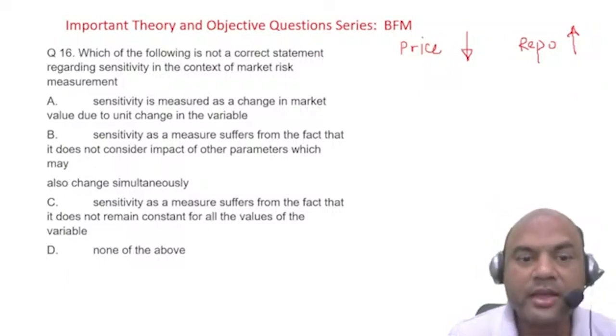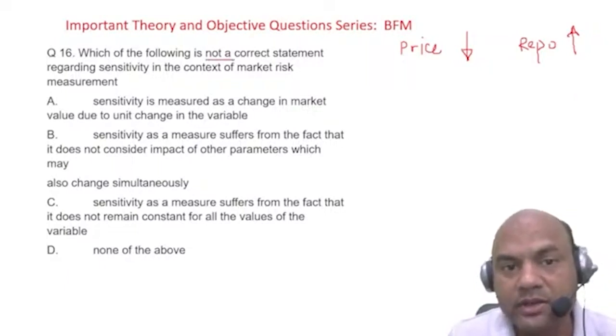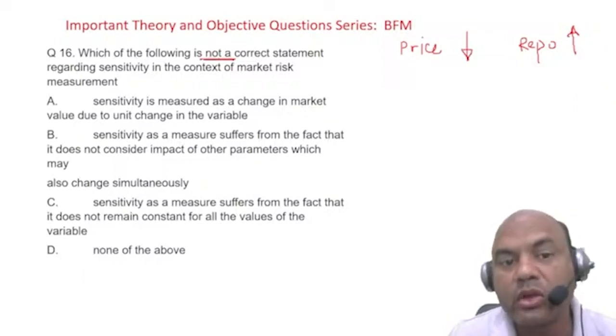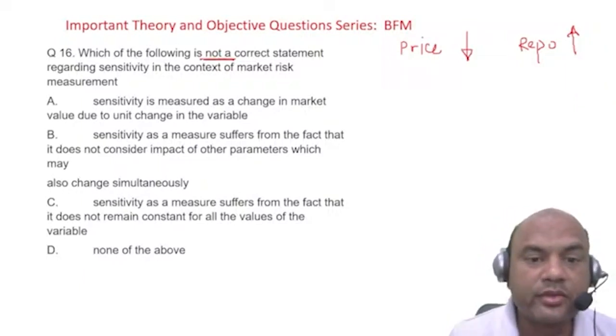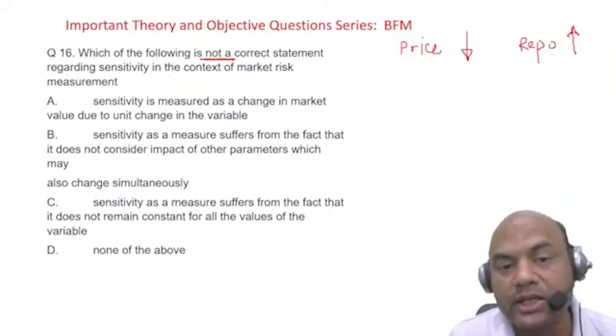Sensitivity as a measure suffers from the fact that it does not consider impact of other parameters which may also change simultaneously. Now we want the not correct one. Always keep in mind the main question: not correct.